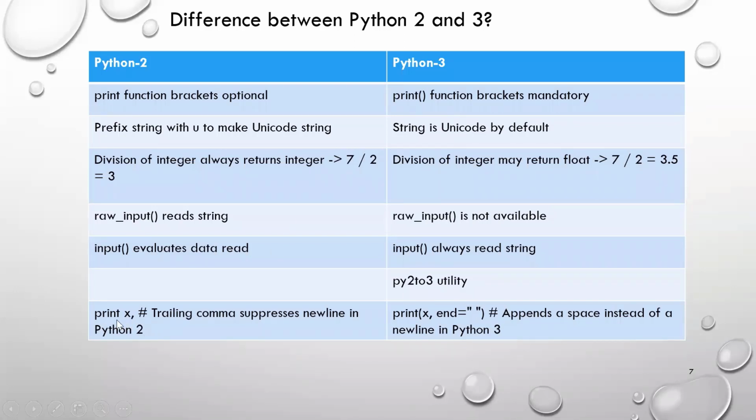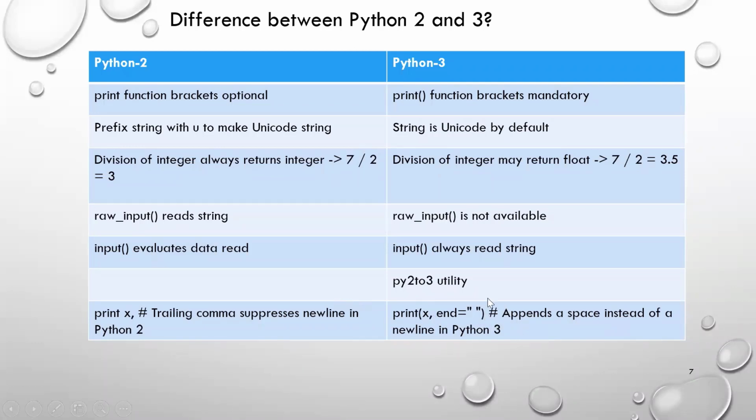And whenever you are printing a line, if you put a comma after it, this print line will not produce an extra new line for you. But in Python 3, if you want to remove the new line after printing a statement, then you need to put end equal to double quotes.